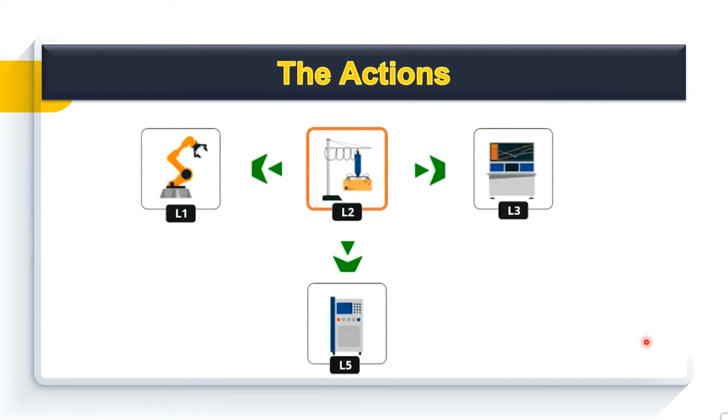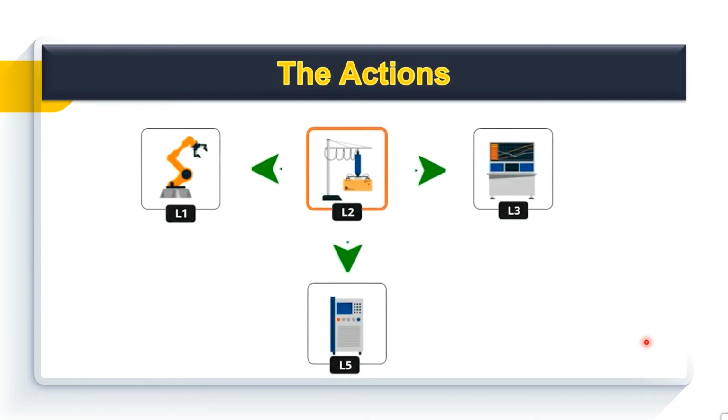Now, as you might have already guessed, the set of actions here is nothing but the set of all possible states of the robot. For each location, the set of actions that a robot can take will be different. For example, the set of actions will change if the robot is in L1 rather than L2. So, if the robot is in L1, it can only go to L4 and L2 directly.